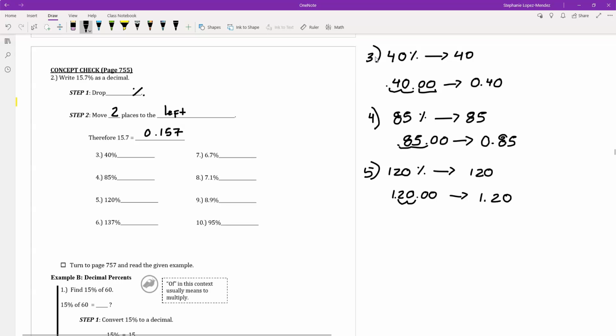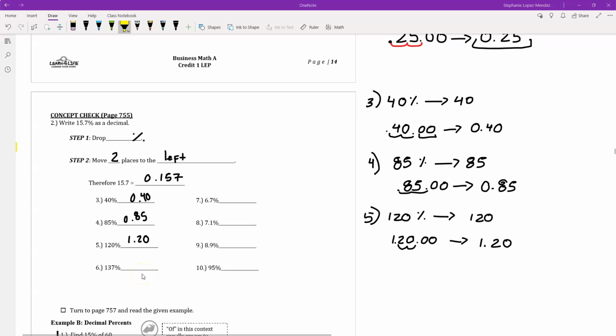So 120% can also be written as a decimal as 1.20. Now please continue with problems 6 to 10, following the same steps. Remember, step 1, we drop the sign, and step 2, we move 2 places to the left.